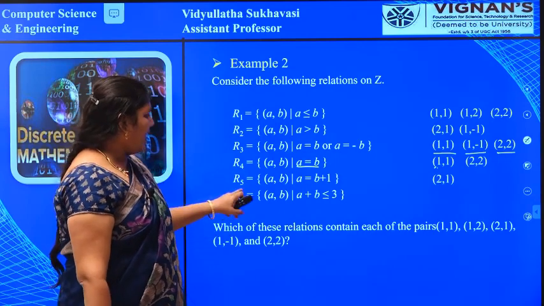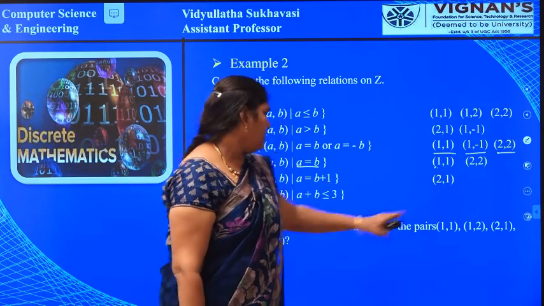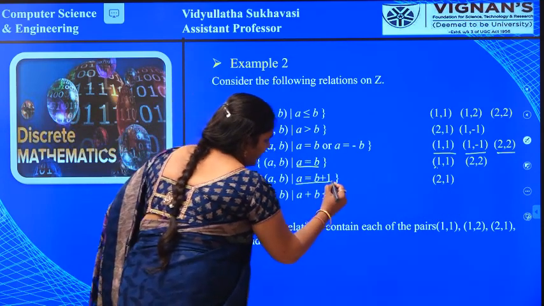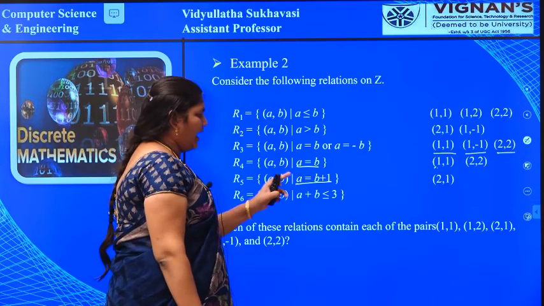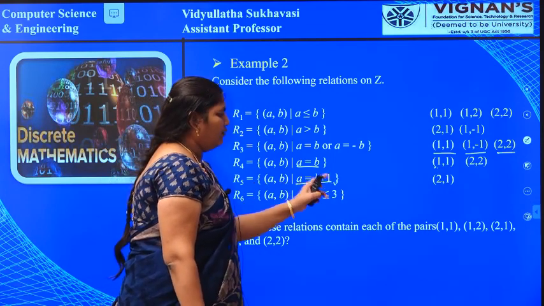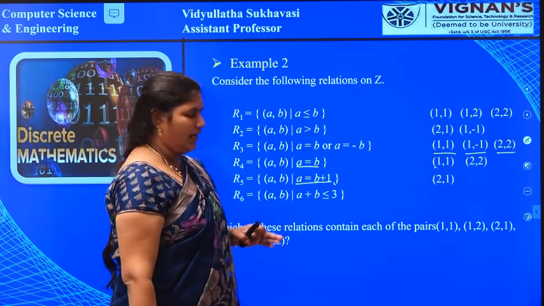And next, in the R5 relation, only (2,1) will satisfy. The condition is A equal to B plus 1. That means when you take the A value and the B plus 1 value, you should get that ordered pair. Then only those ordered pairs will exist in the relation.